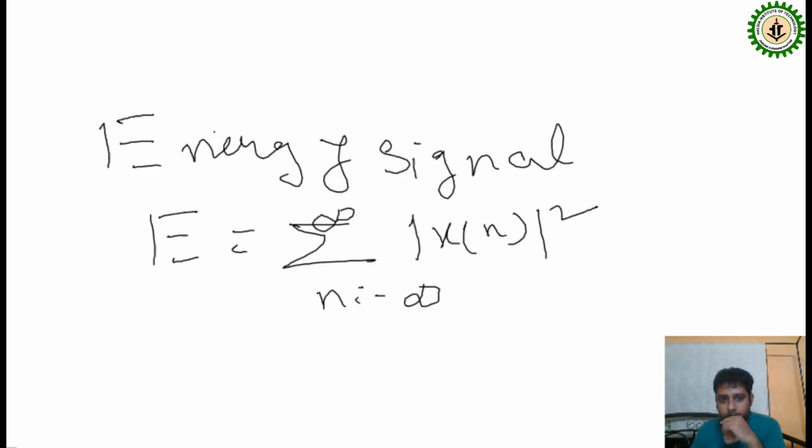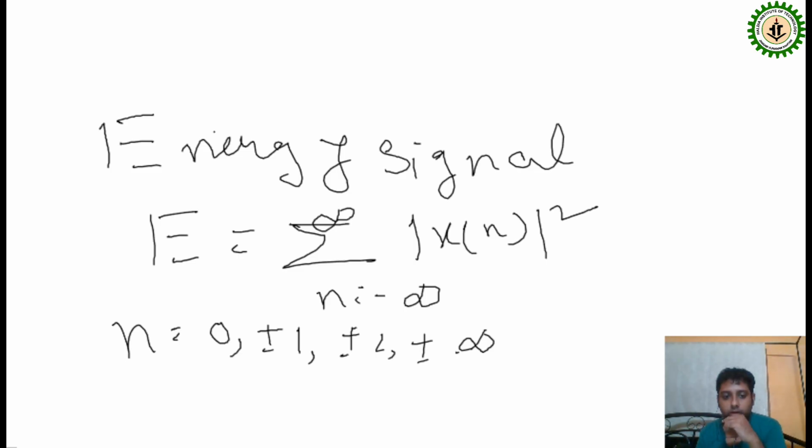Here n values vary from minus infinity to plus infinity, because n is called the time index whose value is always an integer, and we take n value as 0, plus minus 1, plus minus 2, up to plus minus infinity. In this way we represent n. As well as, in this way we can also represent the power signal in discrete domain. This is the formula for representation of an energy signal.